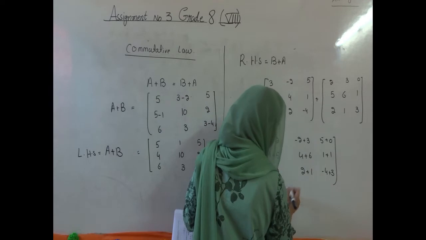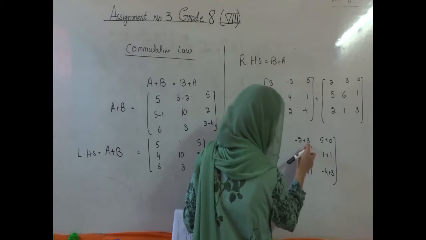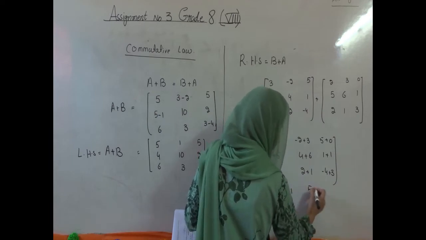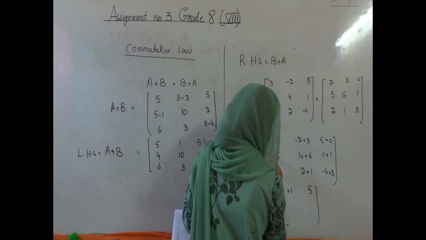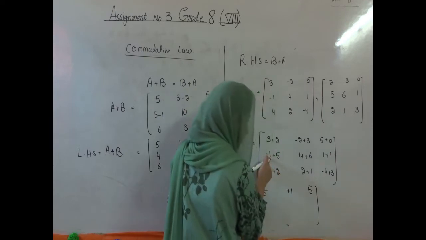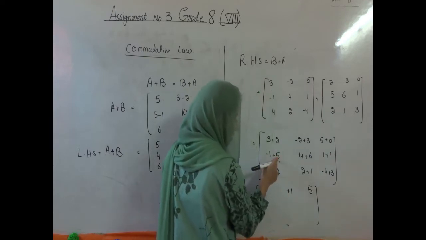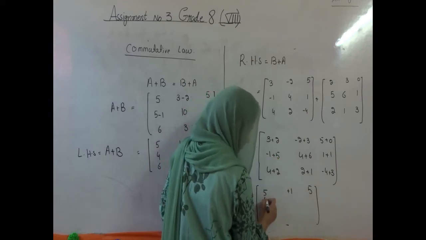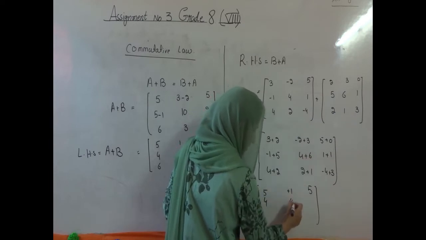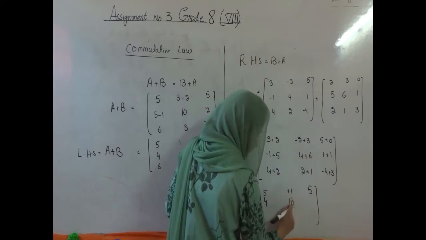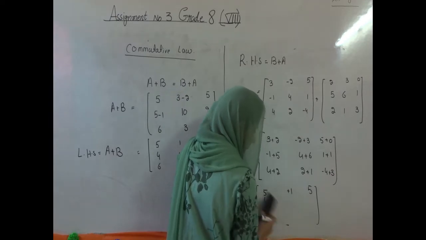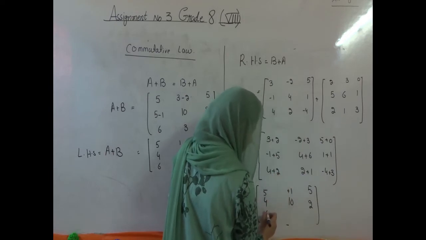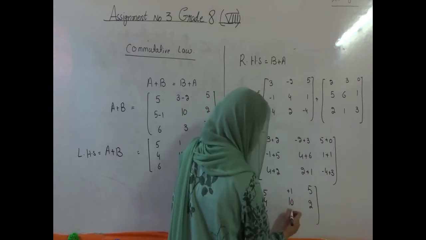Minus plus minus: the sign will be plus because the sign of the greater value is plus, so the answer will be in plus sign. 5 plus 0, 5; minus plus minus, 5 minus 1, 4, but the sign will be plus because the sign of the greater value is plus. 4 plus 6, 10. 1 plus 1, 2. 4 plus 2, 6. 2 plus 1, 3.